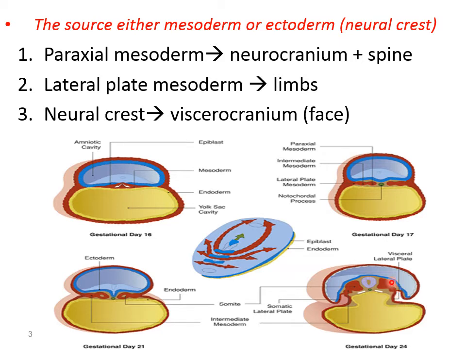And we have said that the paraaxial mesoderm or the somites form the neurocranium and the vertebral column or the spine, and the somatic layer of the lateral plate mesoderm or the parietal layer forms the limbs, and the neural crest cells form the viscerocranium or the face.